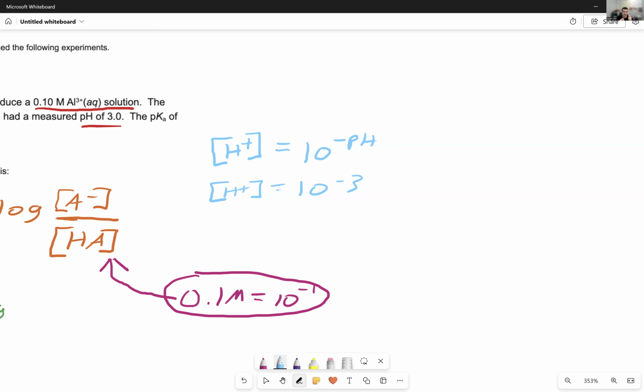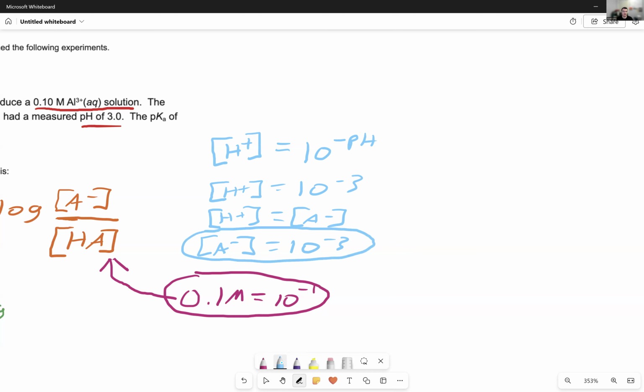For every acid, it breaks into 1 proton and 1 molecule of conjugate base. So we can say that the concentration of H plus is equal to the concentration of A minus. Oh, sweet. Then we know that the concentration of A minus is going to be equal to 10 to the negative 3.